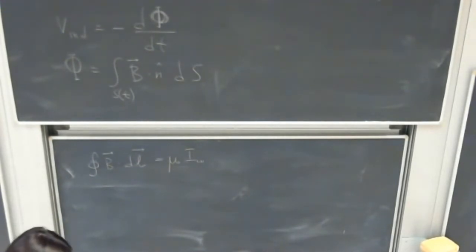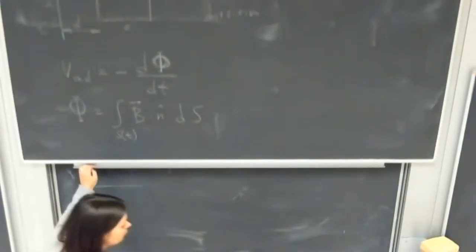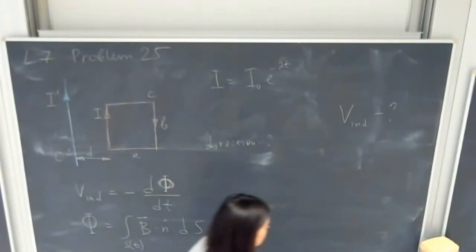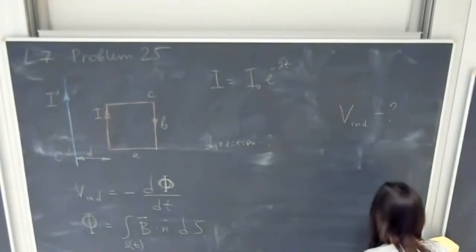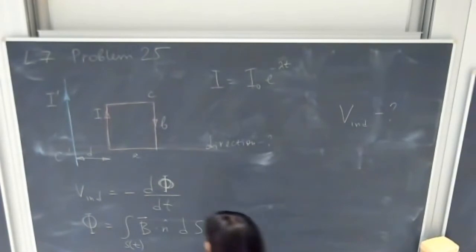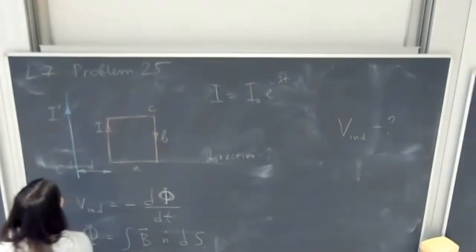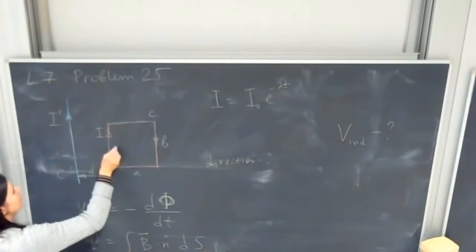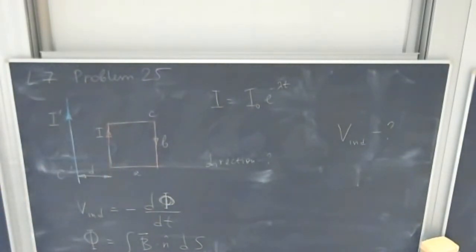So let's think about the magnetic field, how it will look. For the given current, let's draw the magnetic field. It will circulate around the conductor.